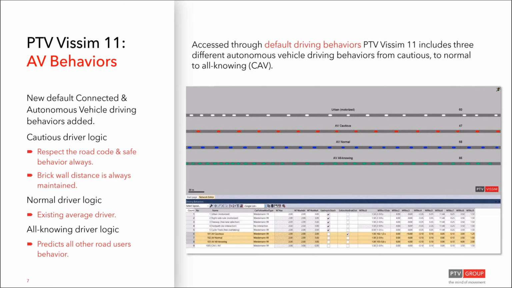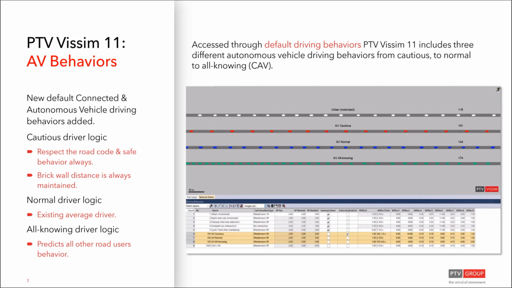And then the third one is the all-knowing driving logic. It's a little bit more aggressive driving logic, so it keeps smaller headways, and it also knows the information from the leading vehicle. So in this case, for example, if an all-knowing vehicle is following another all-knowing vehicle, it gets the information. So it's connectivity leading to smaller gaps, and what you can also see in the numbers of this example.